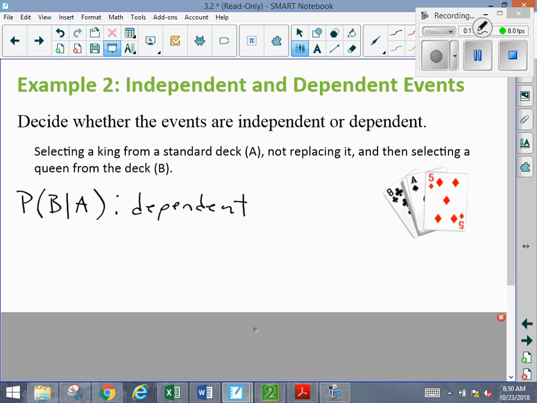Now, if I was to replace it, then those two events would become independent. So if I pulled to see if I got a queen, then I put it back, then pulled to see if I got a king, now I haven't affected the probability on the next draw.